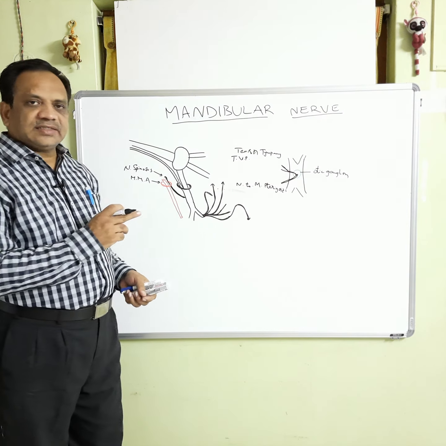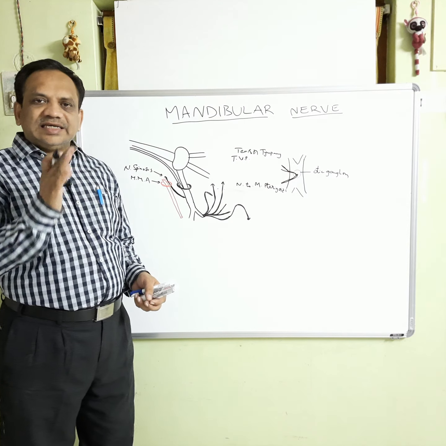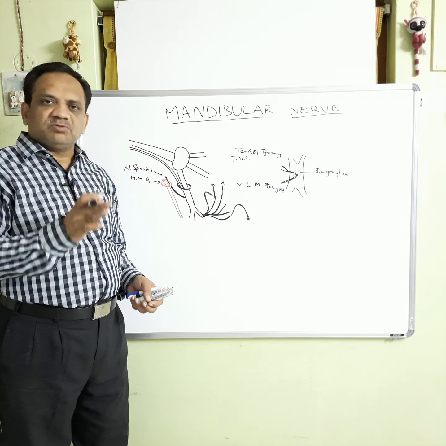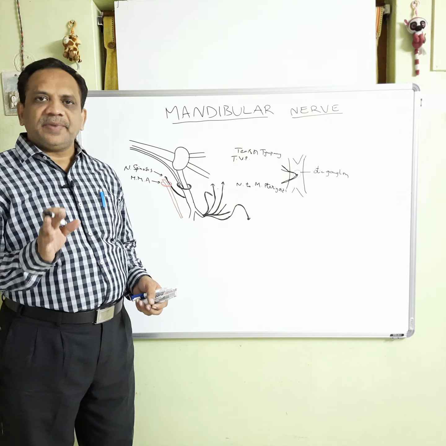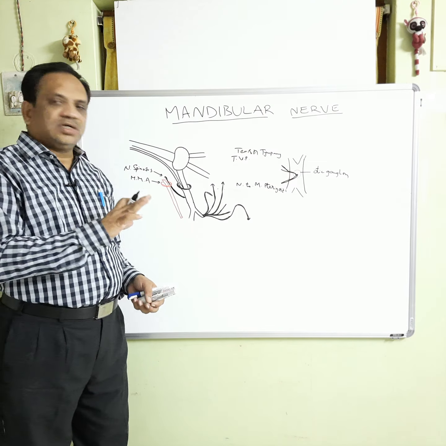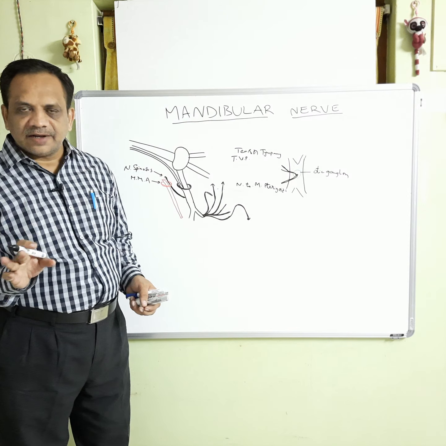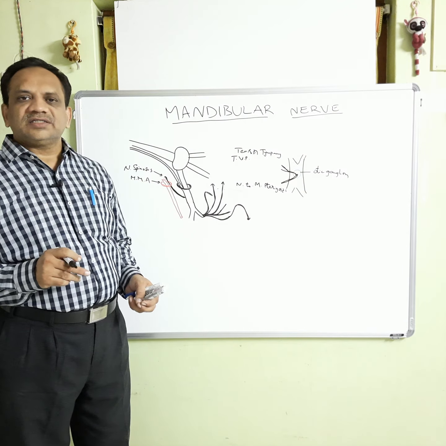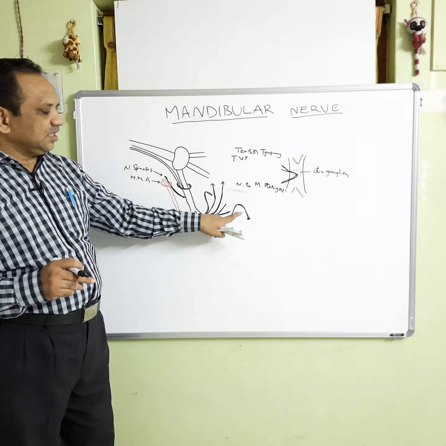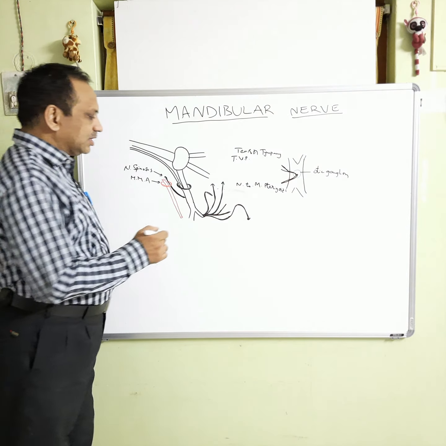It innervates the skin and the mucous membrane related to the buccinator muscle, but it won't supply the buccinator muscle. The motor supply of the buccinator is from the buccal branch of the facial nerve. This is the sensory nerve. You have to remember that.